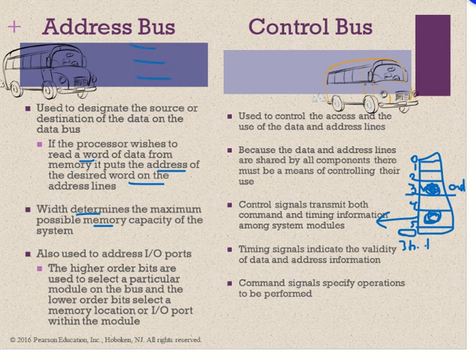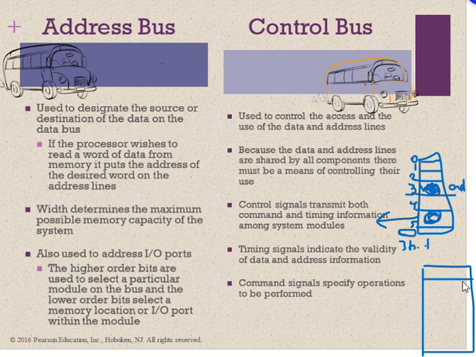So it depends on the capacity of the memory. Let me give one example. If the memory has 4 locations, they are 0 0 0, 0 0 1, 0 1 0, and 0 1 1.